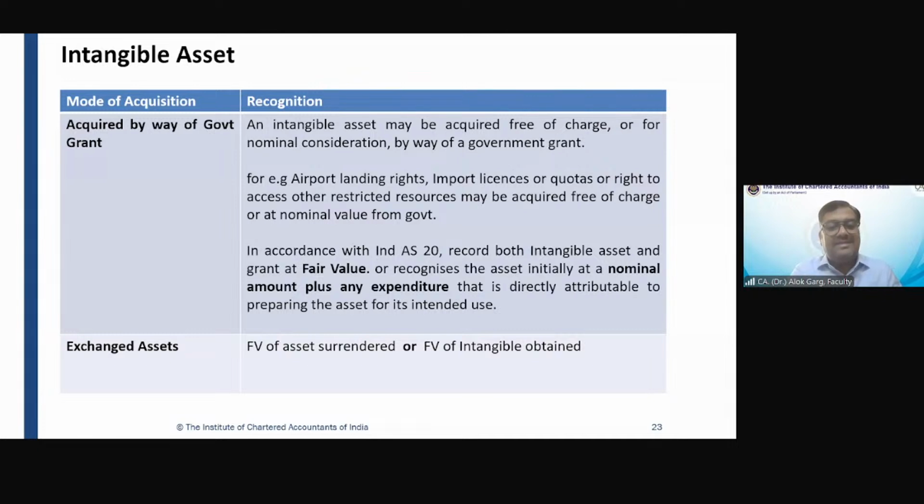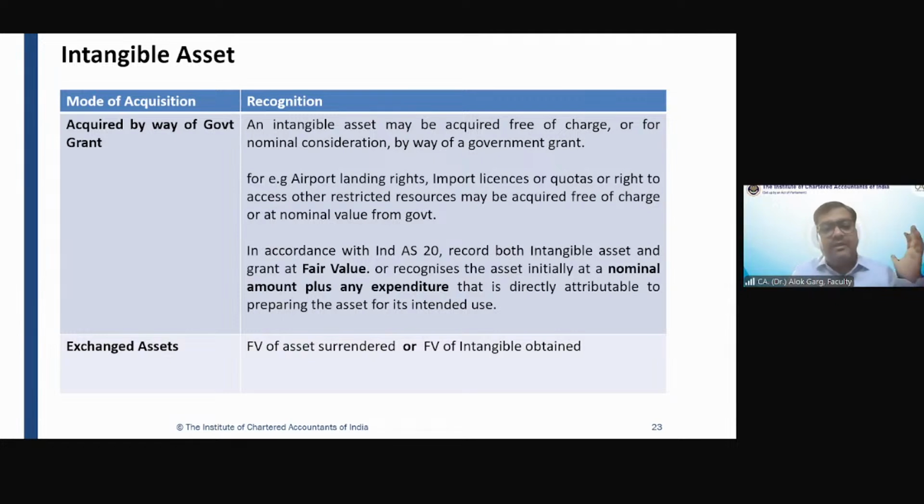Okay. So there is an asset, there is a liability. Now what happens? For example, the government has given this airport landing right for a period of 5 years. In that case, this intangible asset has to be amortized over a period of 5 years, and 1 lakh rupee needs to flow to your P&L as an expense, amortization.